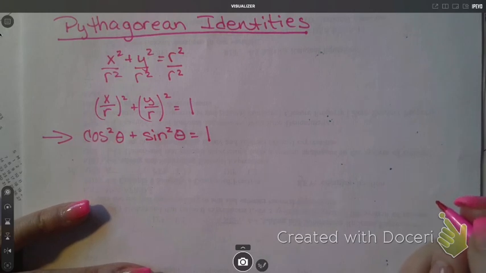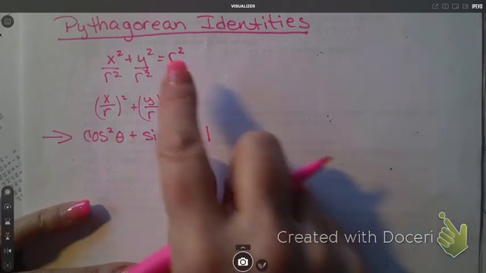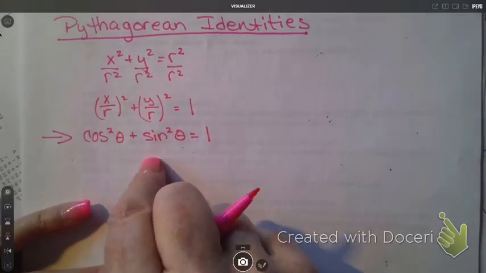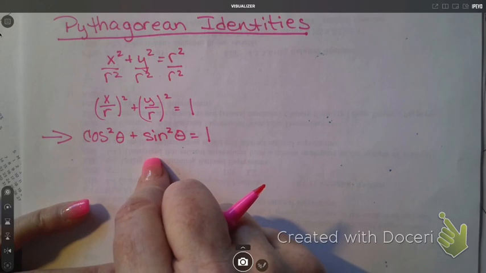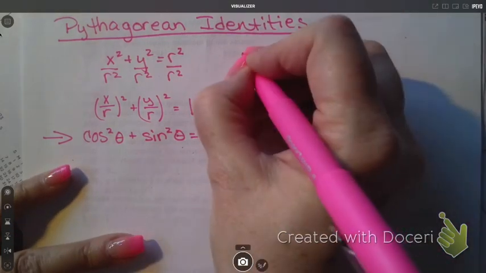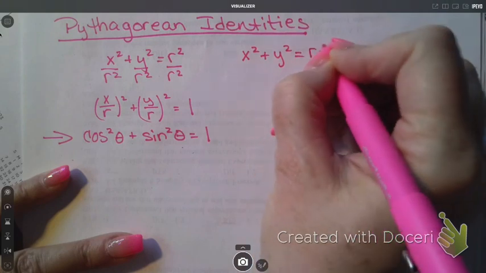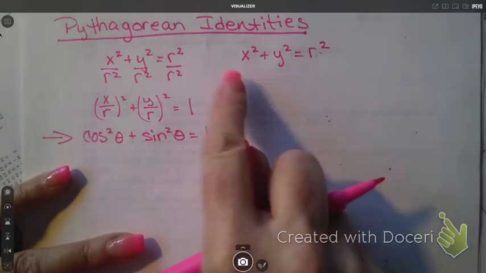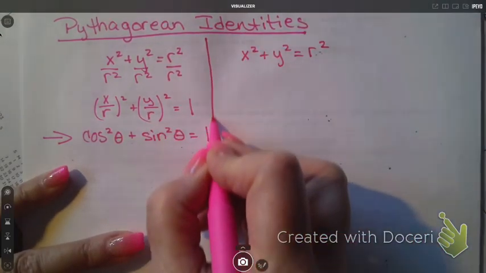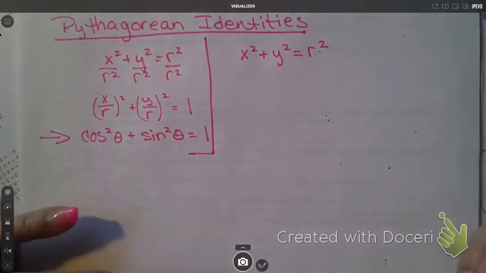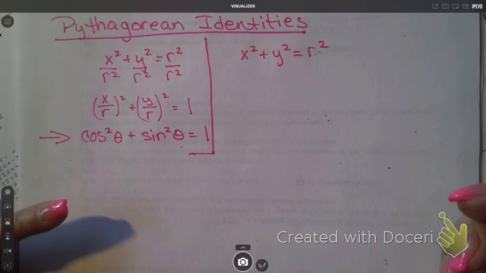Kind of nice, isn't it? You're not going to have to do this ever again, but is it helpful to know where it comes from? Okay. So what if I had x squared plus y squared equals r squared, and you want to make one of them 1, x or y? Which one?